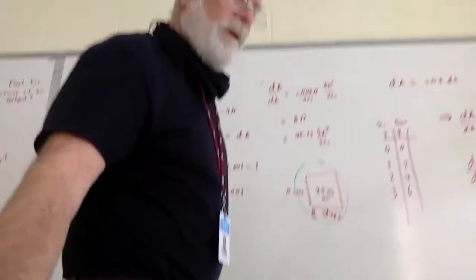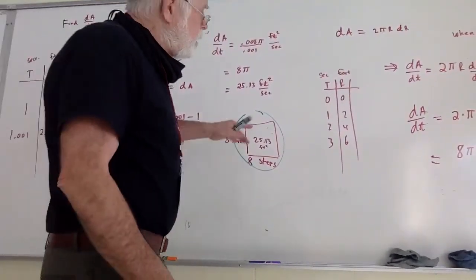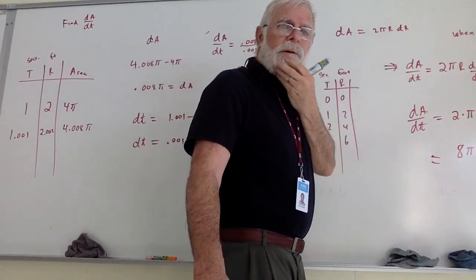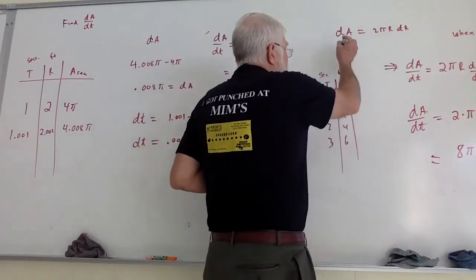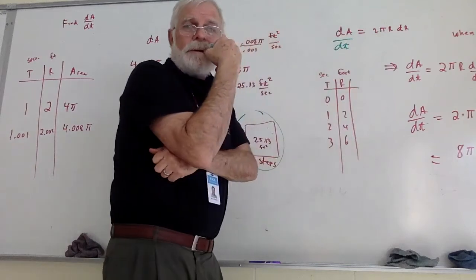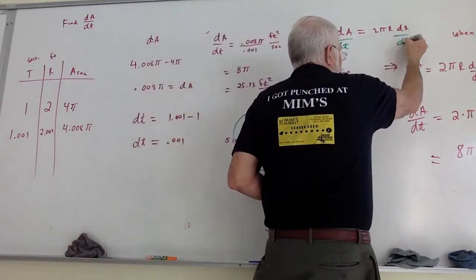So we're gonna come over here and we're gonna go back to where we were before. The change in area, 2 pi r dr. But we're trying to find the change in area with respect to time. If I'm going to do that algebraically, I got to do it over here too.